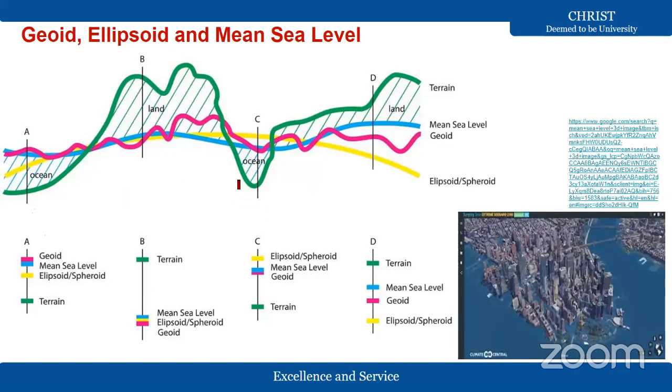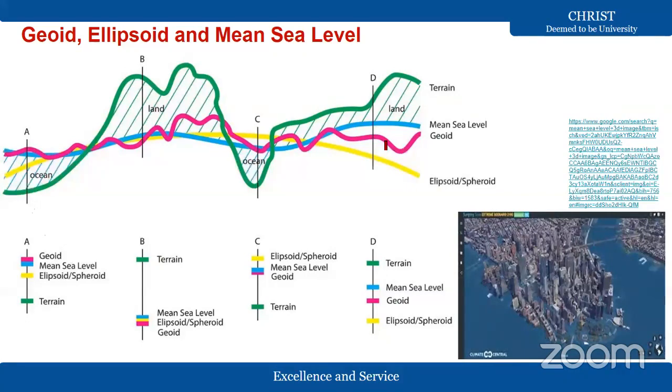So what exactly we are measuring, you should know beforehand: whether I am measuring the height from the ellipsoid to the earth surface, or from the ellipsoid to the mean sea level, or from the mean sea level to the natural surface of the earth. I should know beforehand what I am measuring, because there are many confusions or misconceptions in measuring.